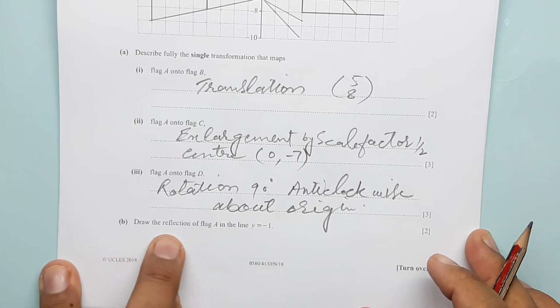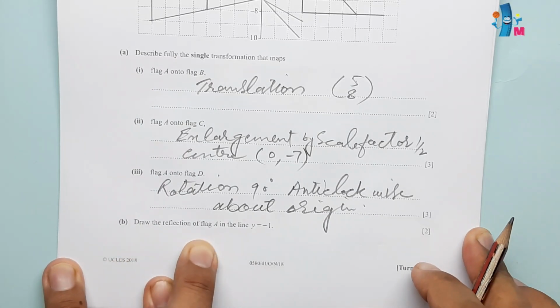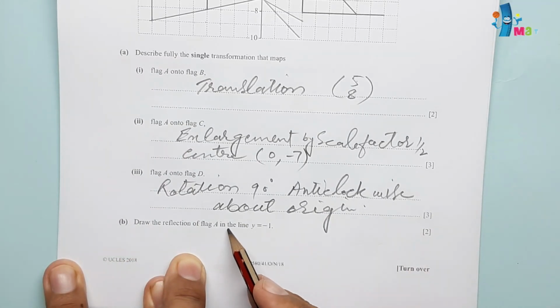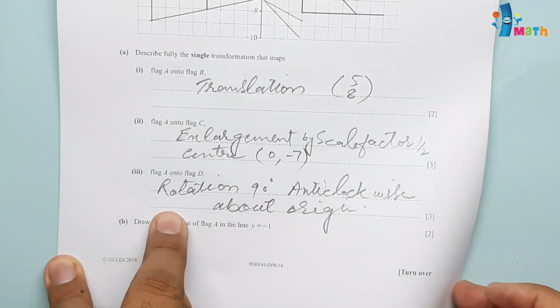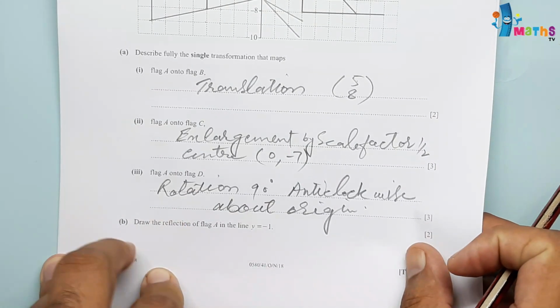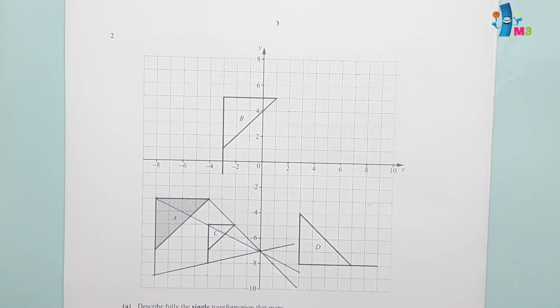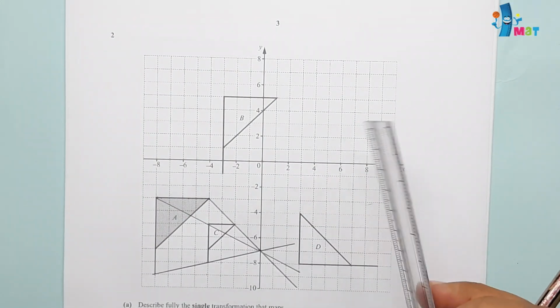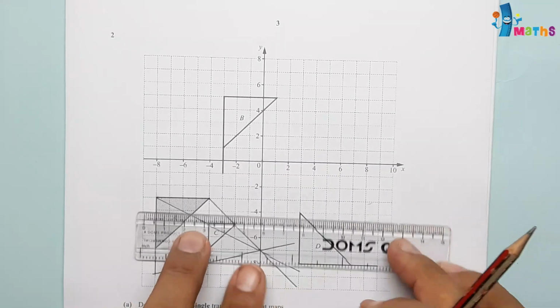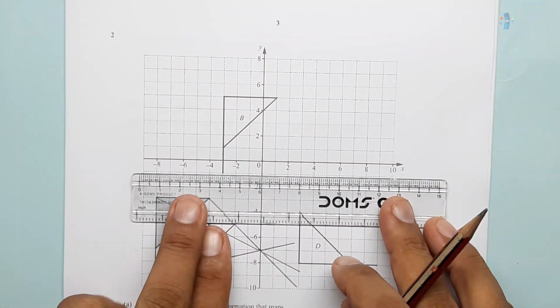Then B part, draw the reflection of flag A in the line y is equal to -1. So y is equal to -1 will be this line.